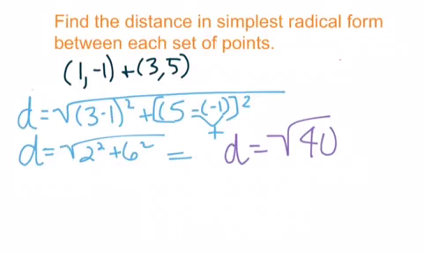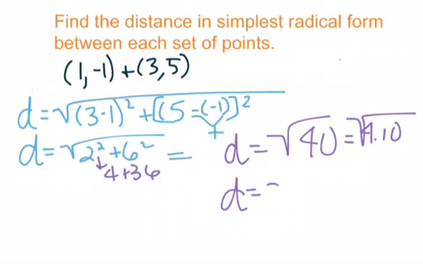We got 40 because that is 4 plus 36, which equals 40. Now, we're down to this. This is not a perfect square, so let's simplify it. That is going to be 4 times 10 for a perfect square. Square root of 4 is going to be 2. So the distance here is going to be 2 square root of 10.